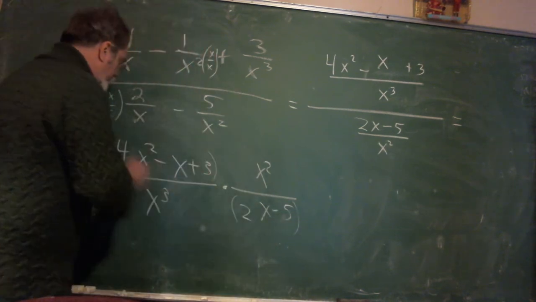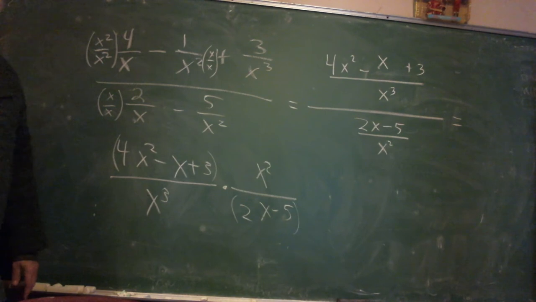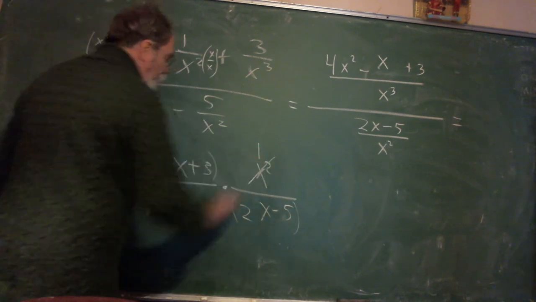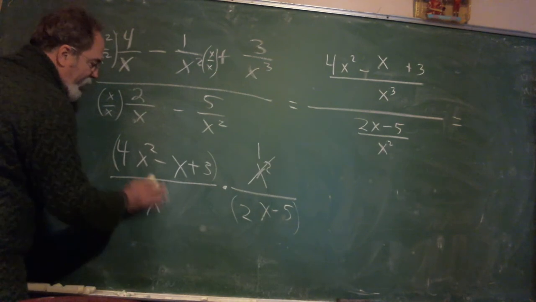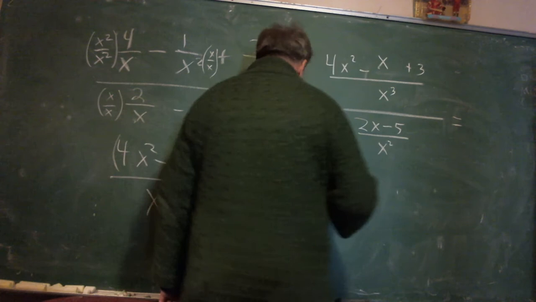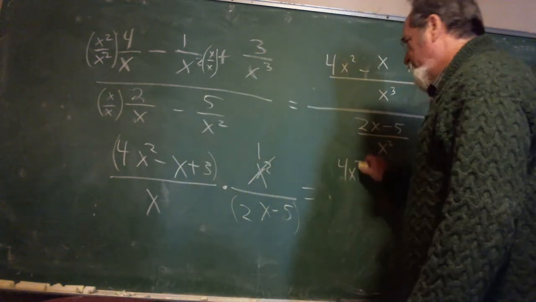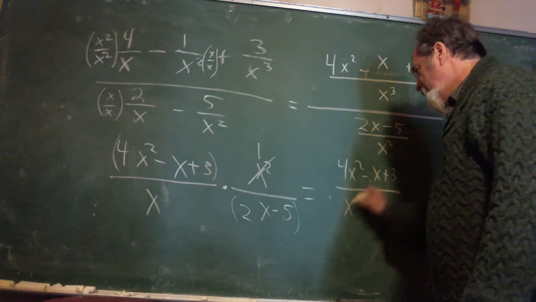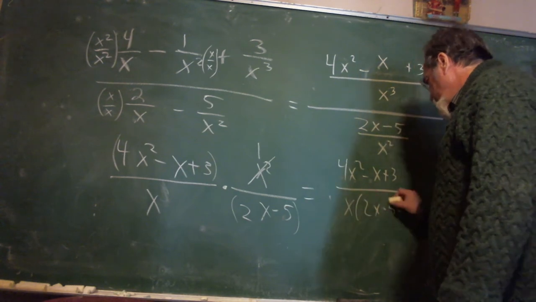This x squared is connected to the entire numerator by multiplication. So this x squared can cancel, leaving a 1 and leaving just an x. So the final version is just that: 4x squared minus x plus 3 all over x times 2x minus 5.